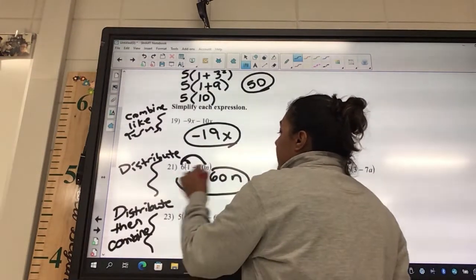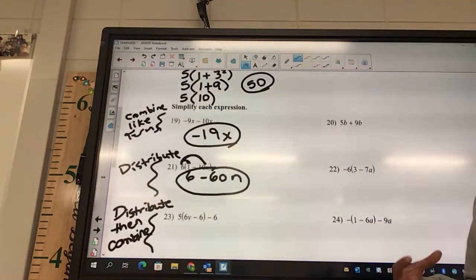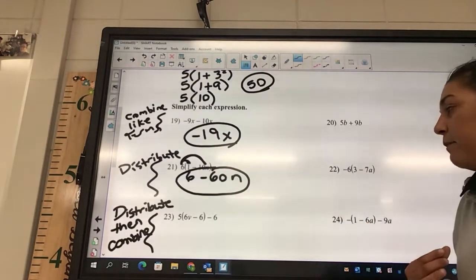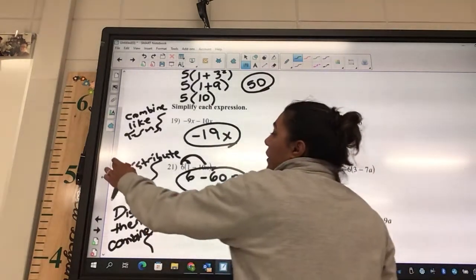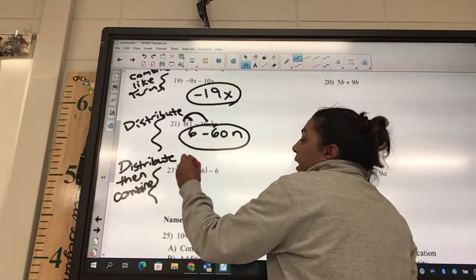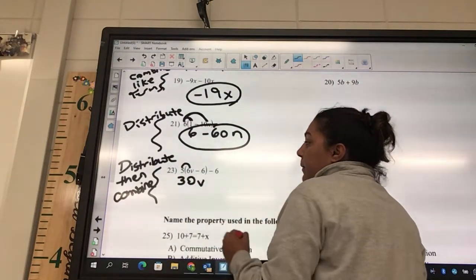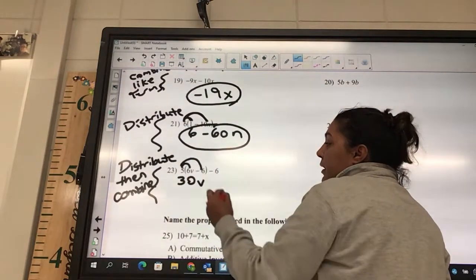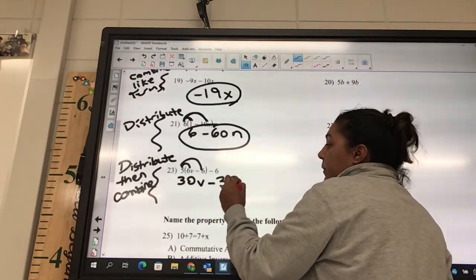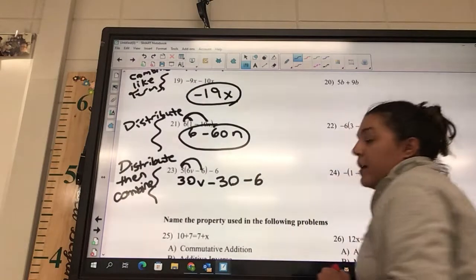And then your last set on here is going to be the hardest of the 3. Okay, you need to distribute and then combine. So I got 5 times 6 is going to be 30, and I have 1V. 5 times negative 6 is going to be negative 30. And then I still have this minus 6 on the outside.